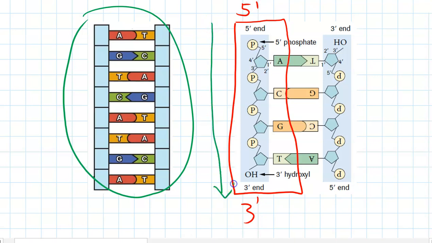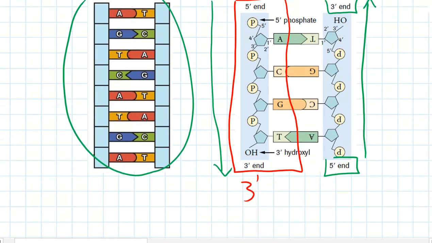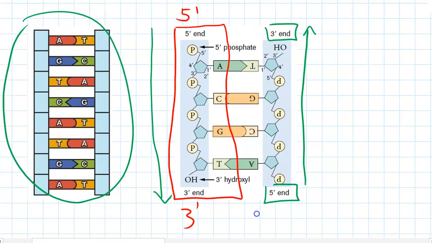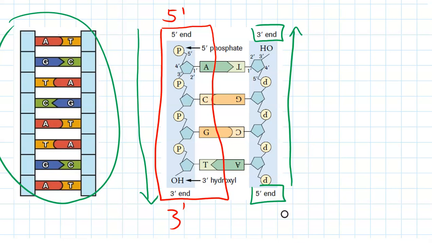So if we have 5 to 3 running this way, the opposite strand, or the complementary strand, has 5' at the bottom, going up to 3' at the top. And the way that these two strands join is called anti-parallel.